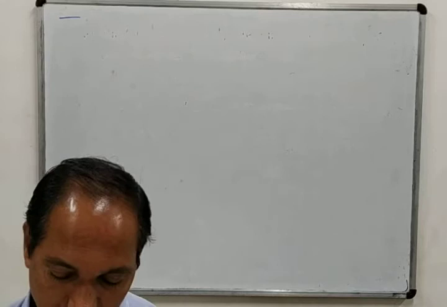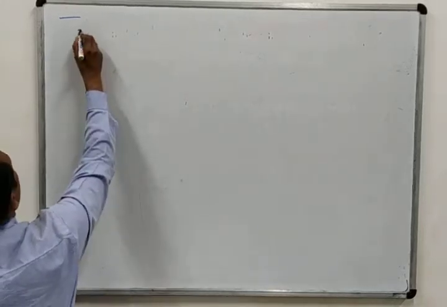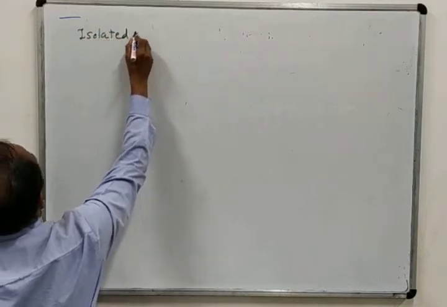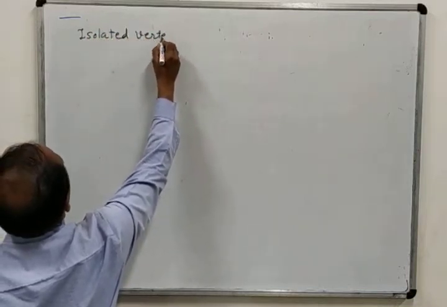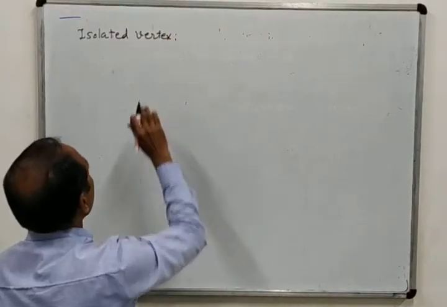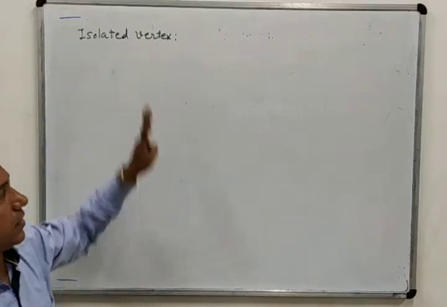And now let us see some of the definitions. These are also very much important, and you must remember all these definitions. Isolated vertex. Isolated vertex means it is a special kind of vertex.